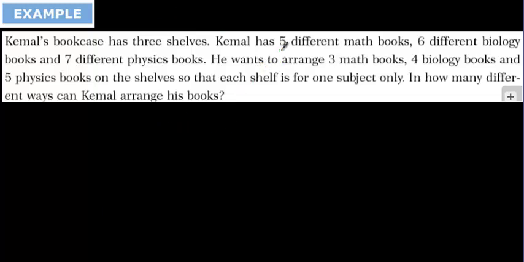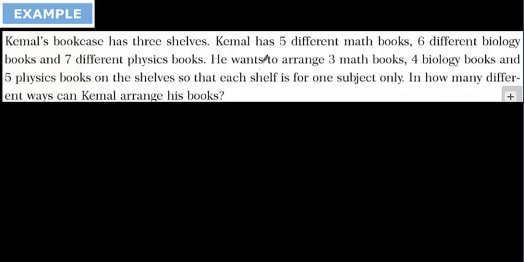Kemal has 5 different math books, 6 different biology books, and 7 different physics books. And he wants to arrange 3 math, 4 biology, and 5 physics books on a shelf, each shelf for one subject only. In how many different ways can Kemal arrange his books?